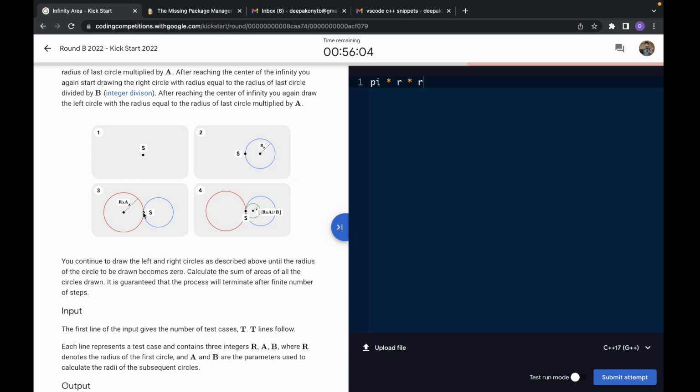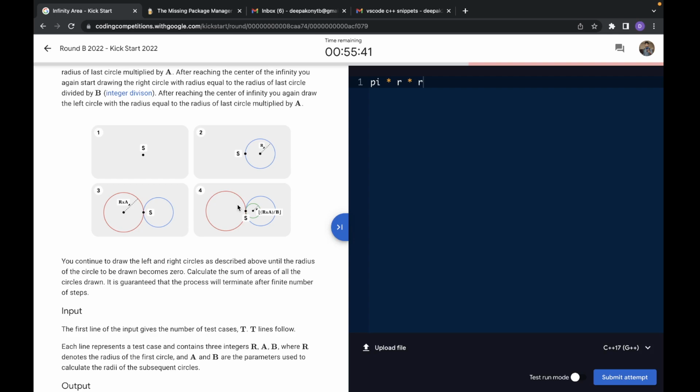Then you again repeat this process. You make a circle on the right side again. So this is the circle I'm talking about. This would be your previous radius divided by B, correct? So every time you make a circle on the right, your radius would be divided by B. And every time you make a circle on the left, your radius would be multiplied by A.